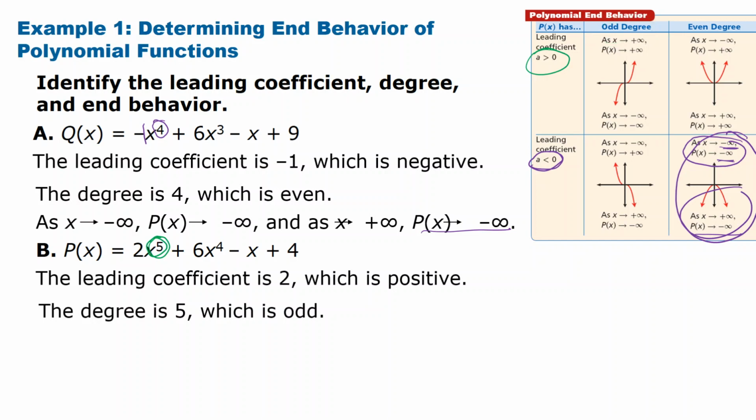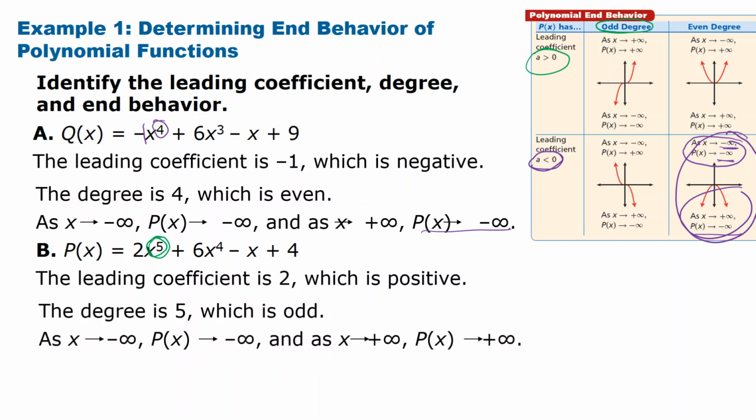So we're going to look at this information on the odd side. We can see that as x approaches negative infinity, our whole function is going to be approaching negative infinity. And as x approaches positive infinity, the whole function approaches positive infinity.